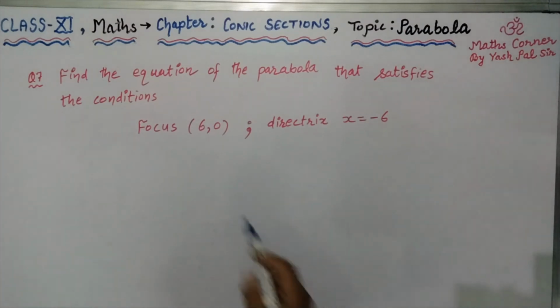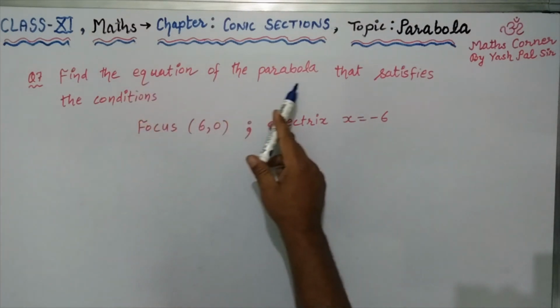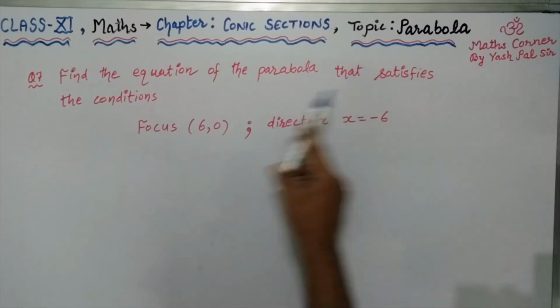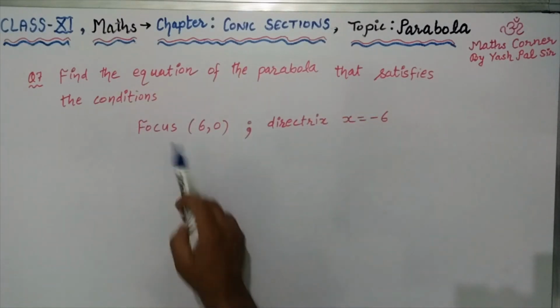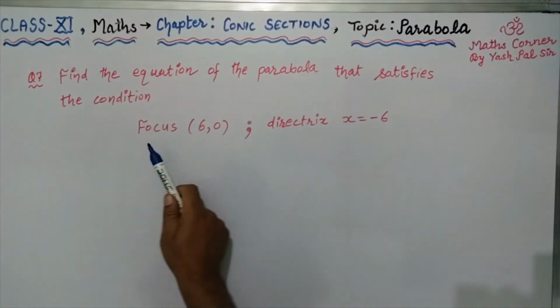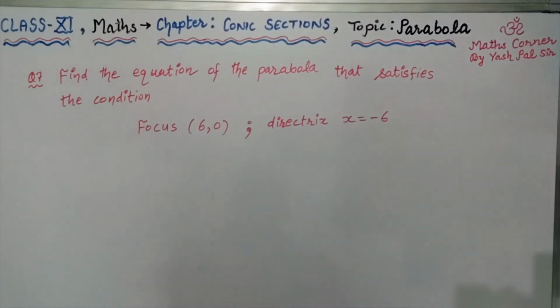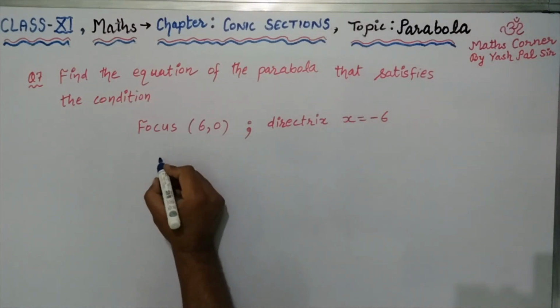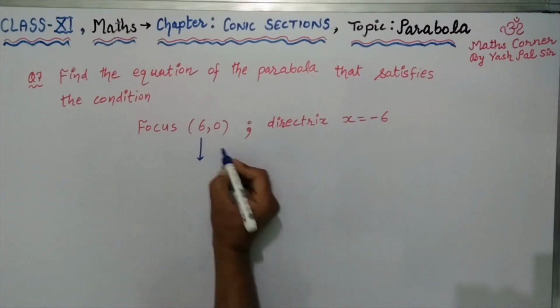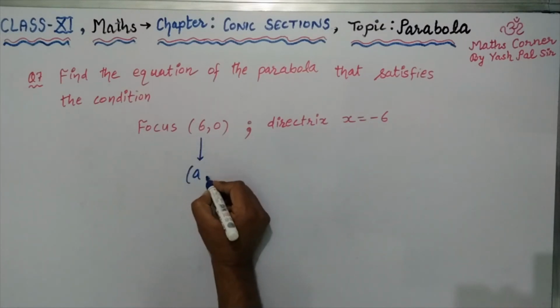Okay, now next, question number 7. Find the equation of the parabola that satisfies the condition. Focus is 6 comma 0 and directrix x is equal to minus 6. So here again we compare.